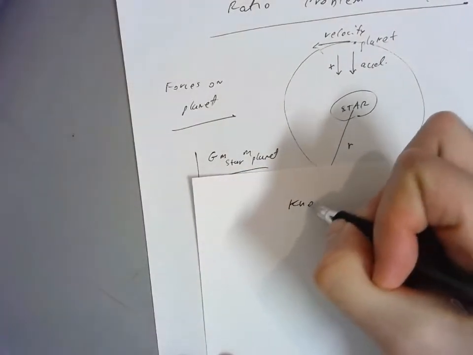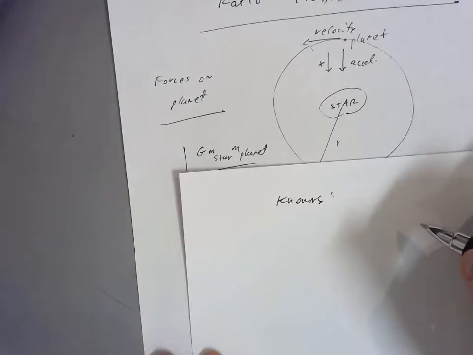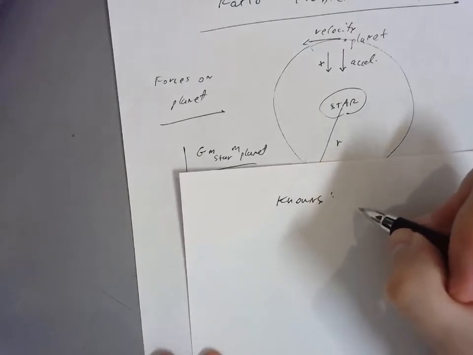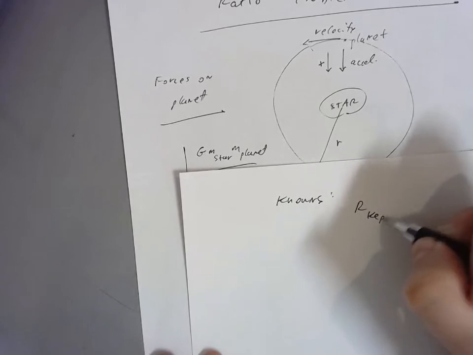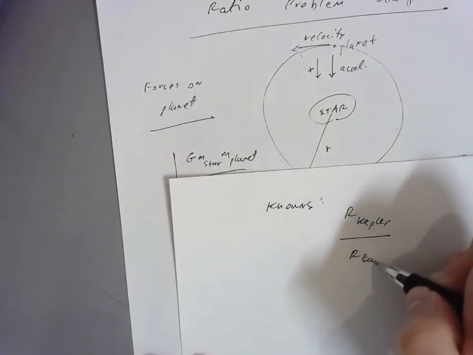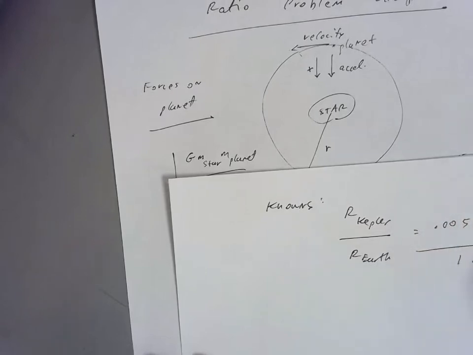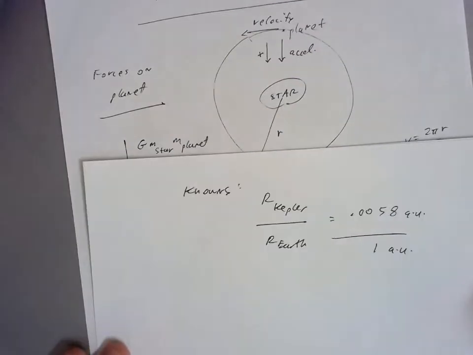What we're given was that the radius of Kepler's orbit compared to the radius of the Earth was 0.0058 AU compared to 1 AU, which is Earth's orbital radius.